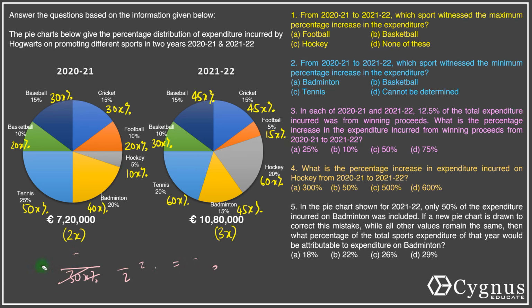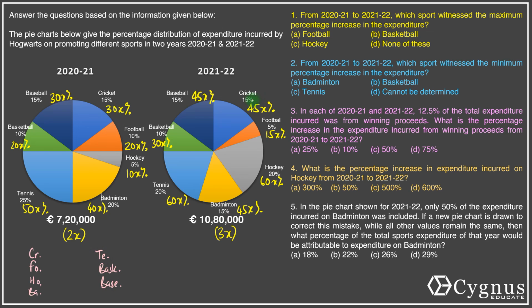Let's do that for all of the sectors and then see if we could have somehow eliminated all these calculations and still got our answers really fast. So cricket, football, hockey, badminton, tennis, basketball, baseball.